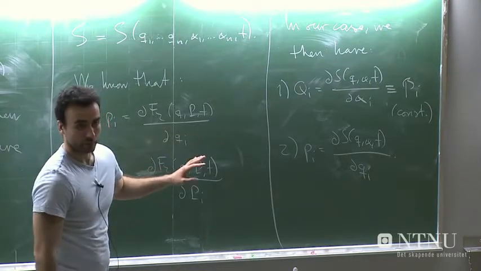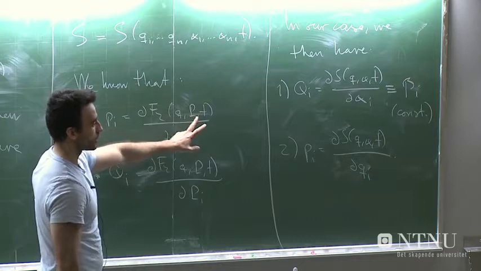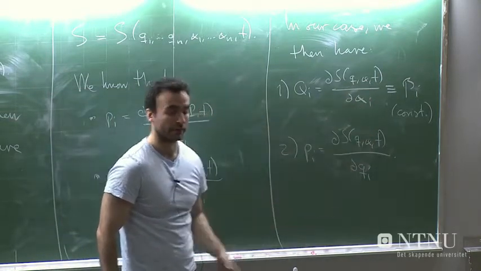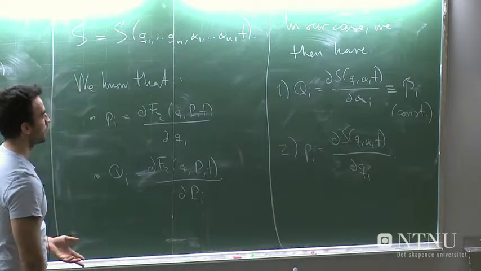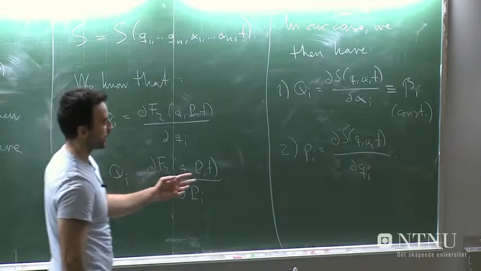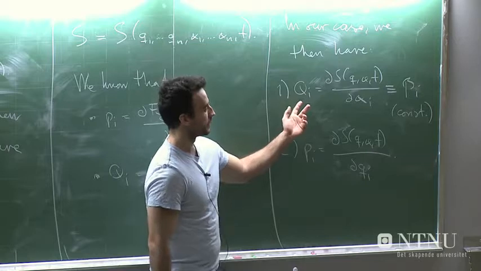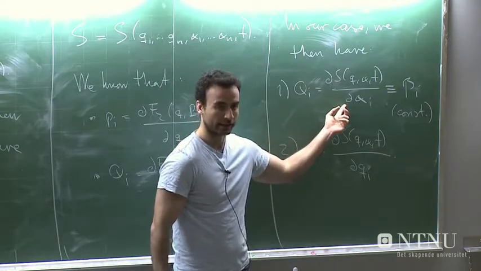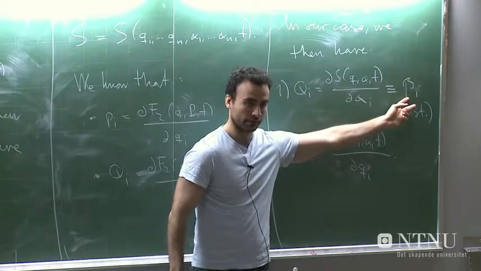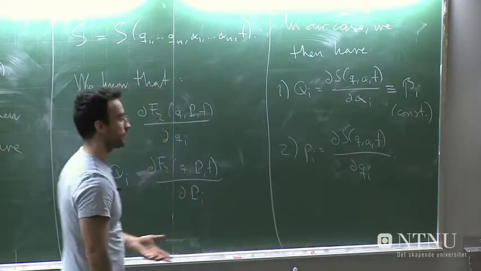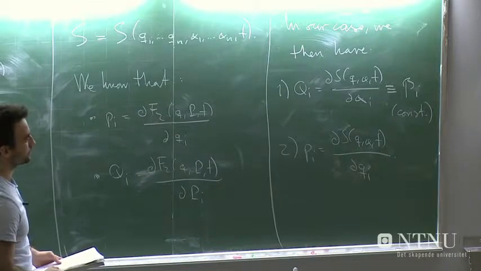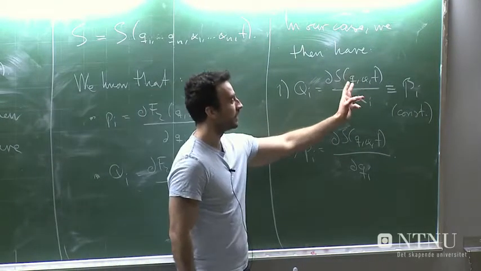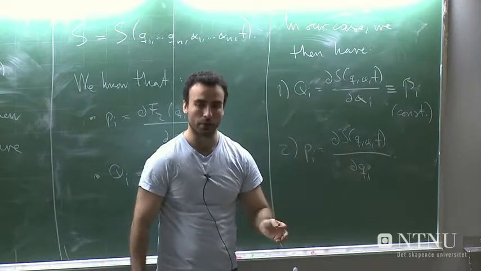What I've done is replace large P with the integration constants alpha, since large P is a constant. And I've also defined large Q here, which in general is equal to this, and in our particular case is also a constant due to the equations of motion. So when I write Q, alpha, t here, Q represents all of Q1, Q2, etc.